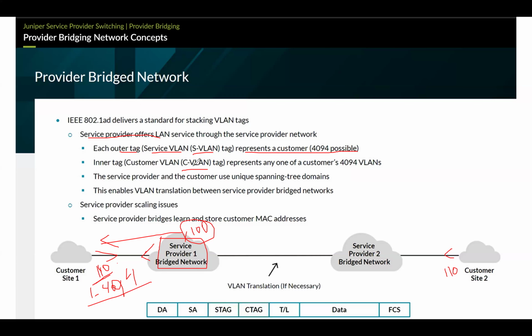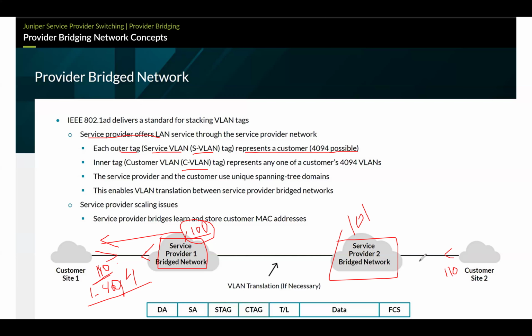This is the concept of C-VLAN and S-VLAN. So consider here service provider 1 uses VLAN 100 for this range. Service provider 2 can use a different VLAN like 101 for supporting this range, 1 to 4094, for a single customer.